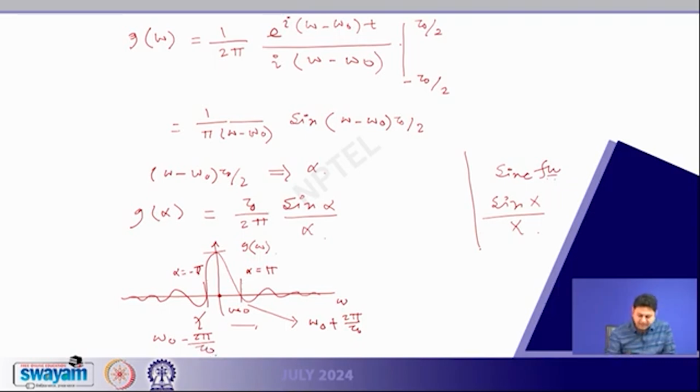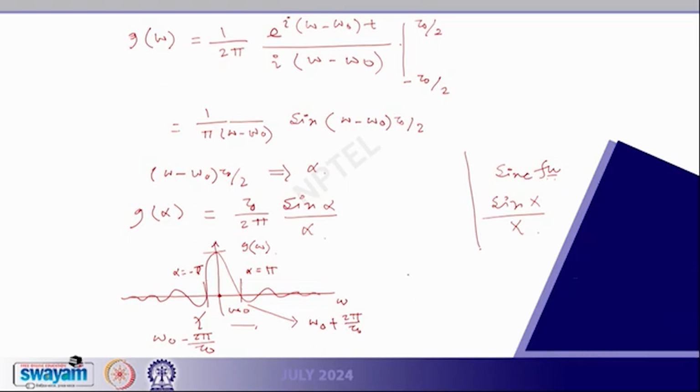So we have a width along which the function has a value, and we call this the half width.